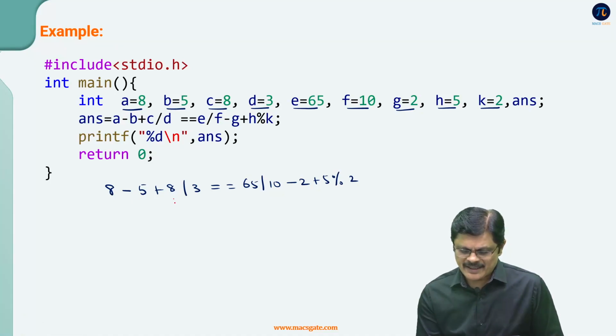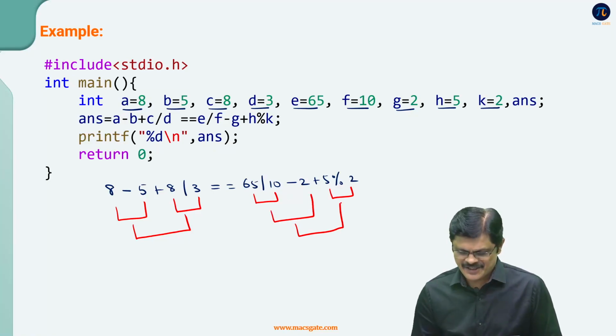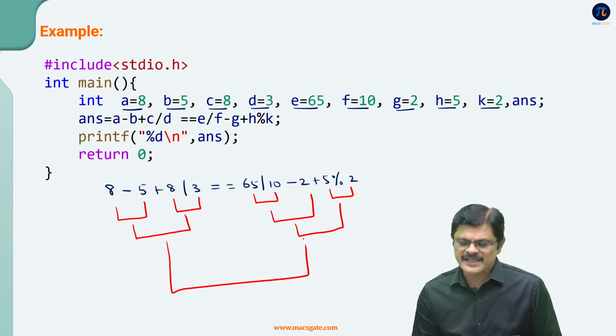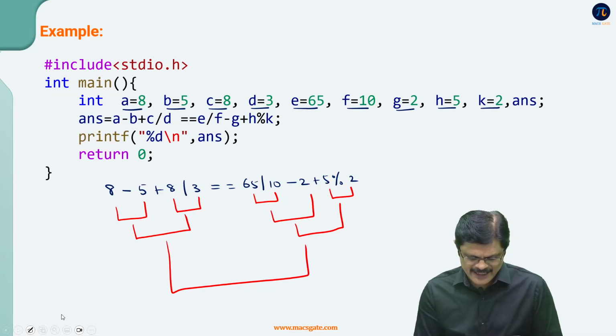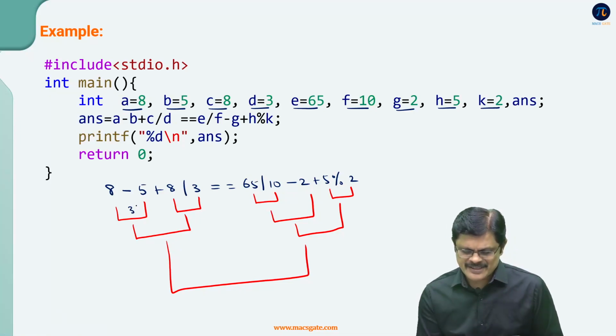So let us evaluate this expression. On the left side this is performed first, then this minus and finally plus operation. On the right side, division first, then percentile second, then this minus third and finally the addition. And finally, the left side is compared with the right side with the equality sign, that is whether the left side expression is equal to the right side expression or not. 8 minus 5 is 3, 8 by 3 is 2 quotient, then 3 plus 2 is 5.